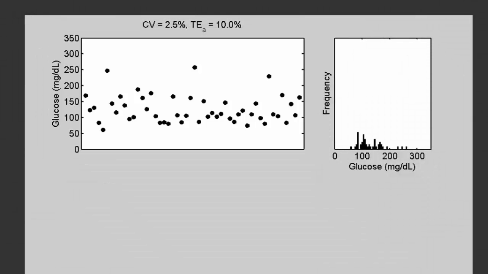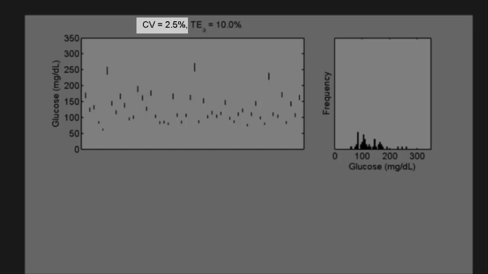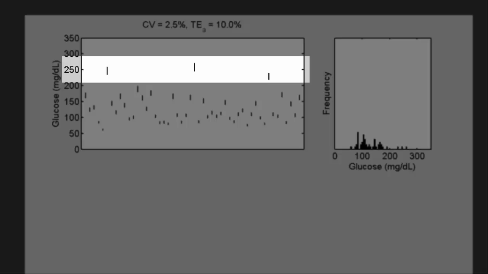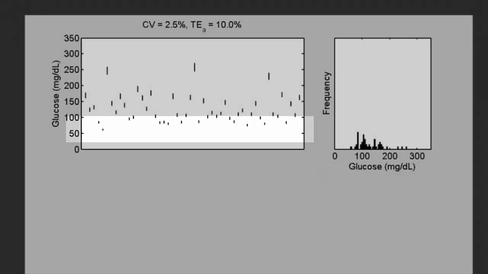In reality, each of the dots would be better depicted by a vertical line that represents uncertainty in the measurement result. In this particular case, where we are assuming a CV of 2.5%, large results like the glucoses that are around 250 have more uncertainty associated with them than the smaller results that are closer to 50.